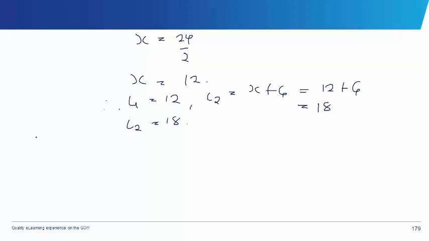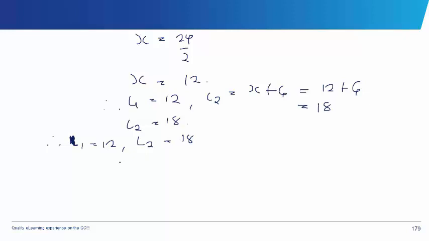And so we go about finding the height in this manner. We have that the slanting side L1 is equal to 12, and then L2 is equal to 18.